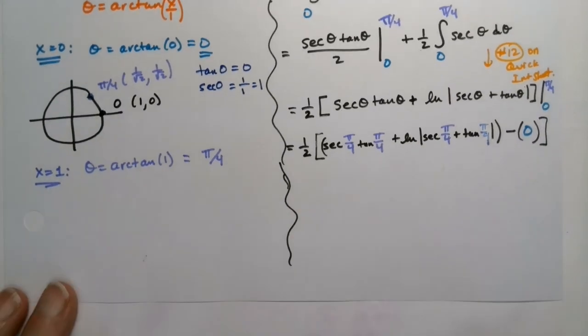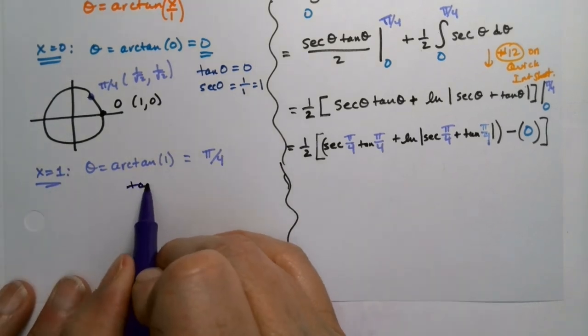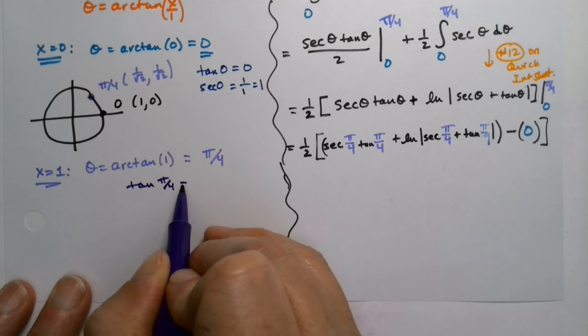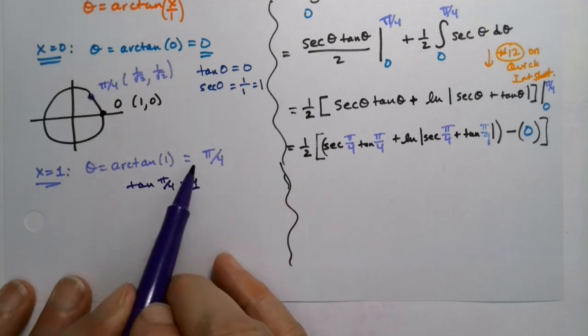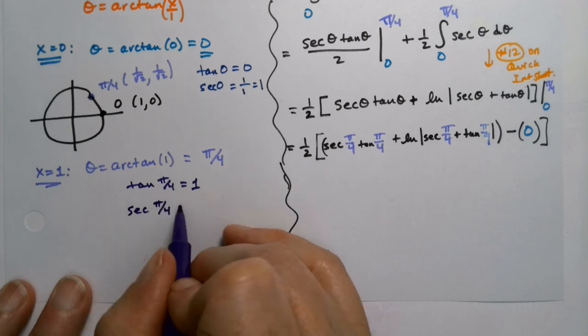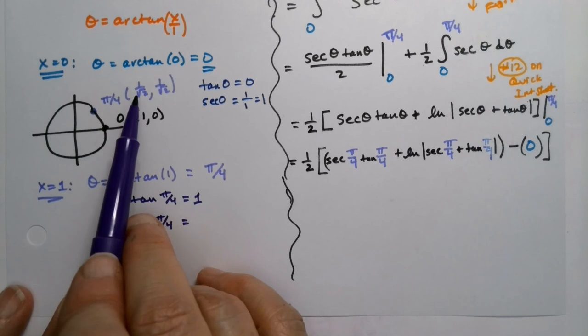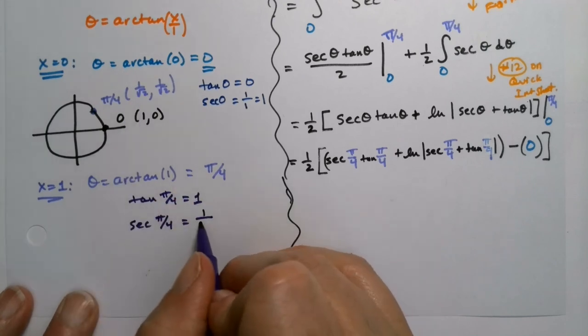Let's go over and figure out the secant of pi over 4 and the tangent of pi over 4. Well, we actually know the tangent of pi over 4 is 1. The secant of pi over 4 is 1 divided by the cosine. If you look at pi over 4, the cosine is 1 over the square root of 2, so the secant is the square root of 2.